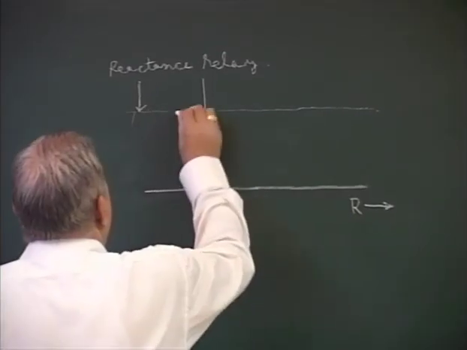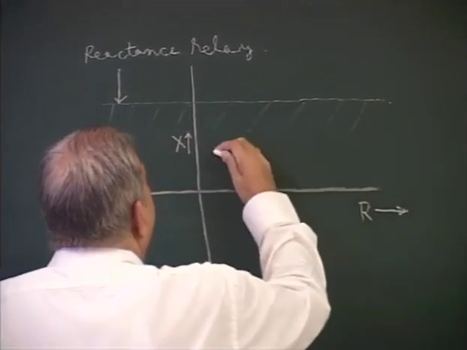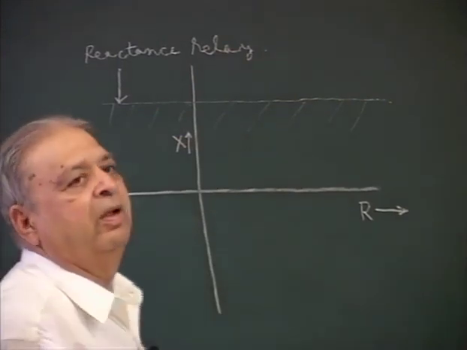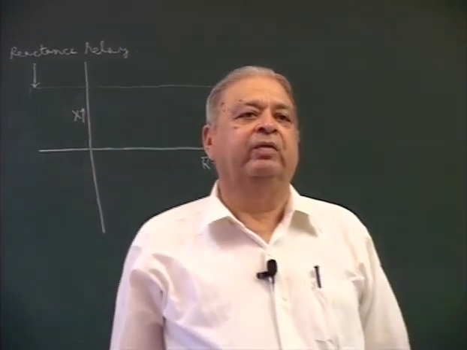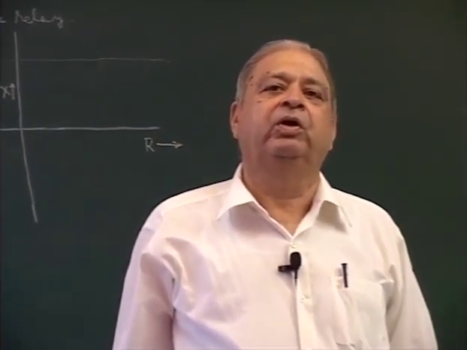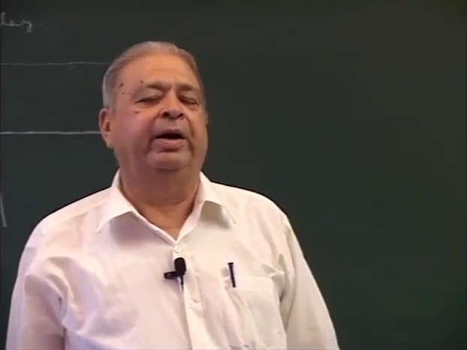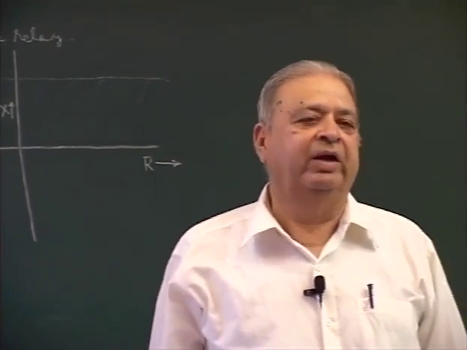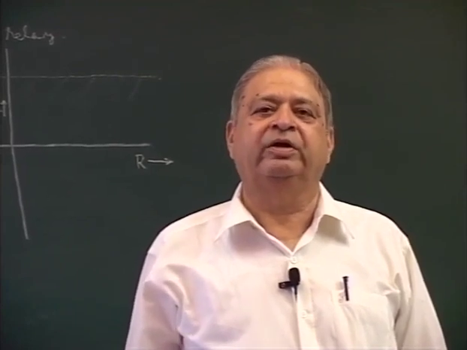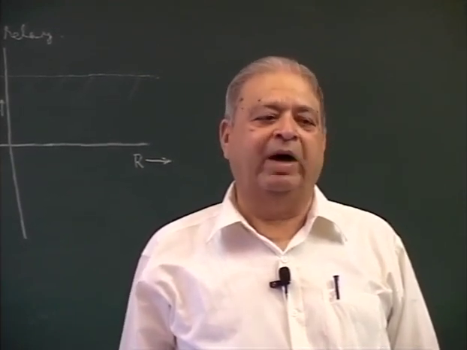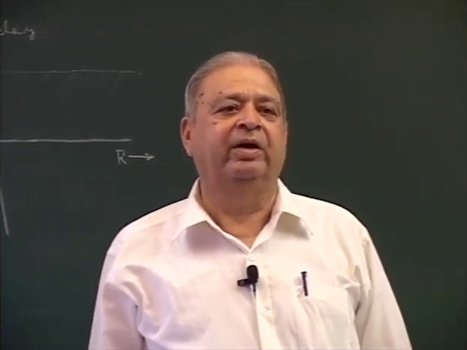So here, this zone, anywhere the reactance is falling, the relay will operate, and if the reactance is more, then the relay will not operate. This relay will not be sensitive towards fault resistance. The fault is mostly due to arc, and inductance of the arc is negligibly small. Prominently, the arc consists of resistance only. So any value of arc resistance will not affect the relay, and relay will still measure it correctly.